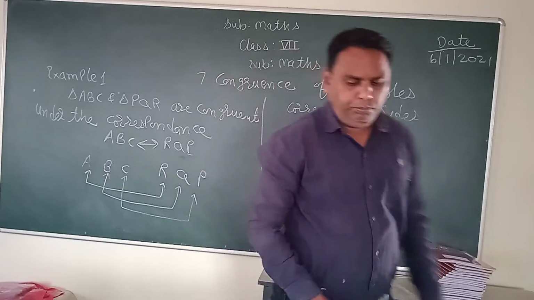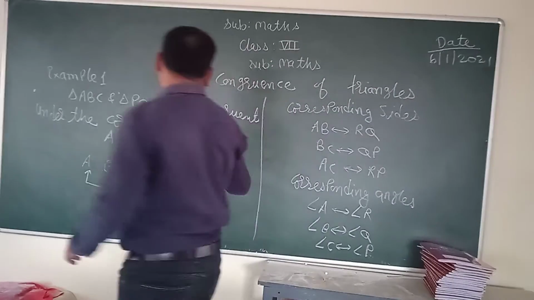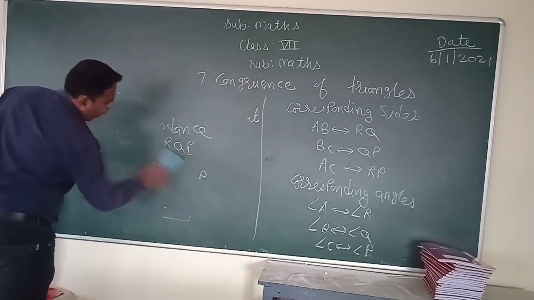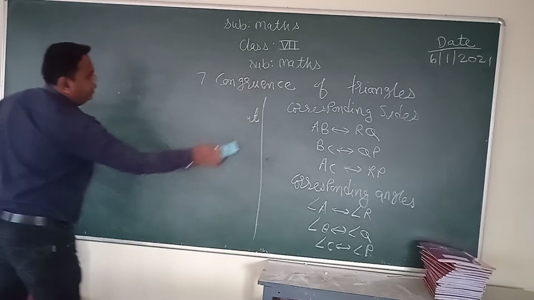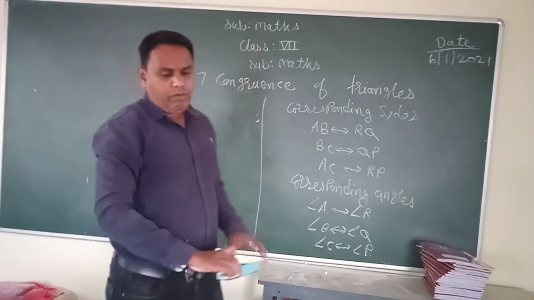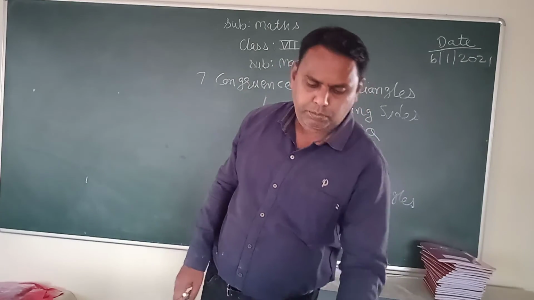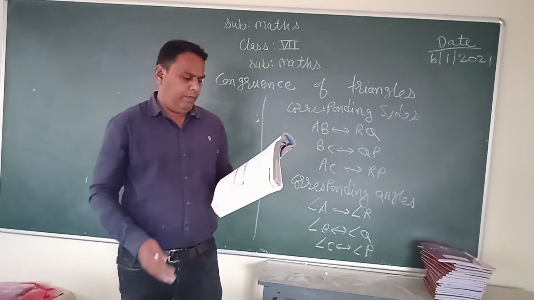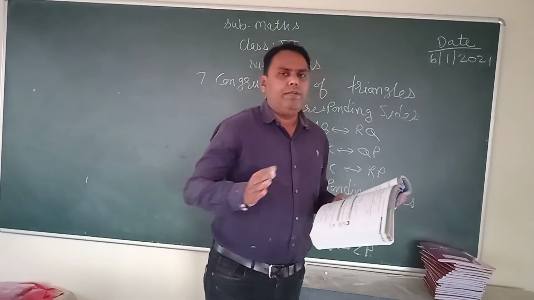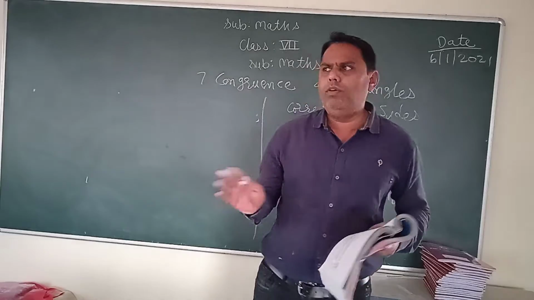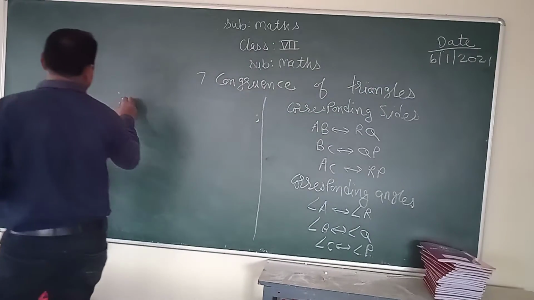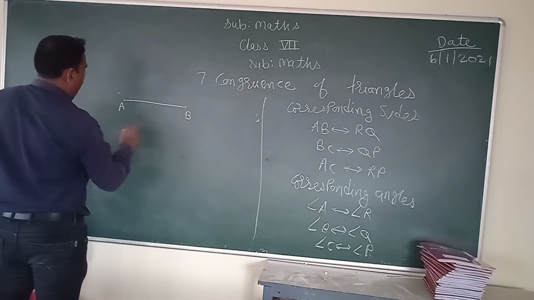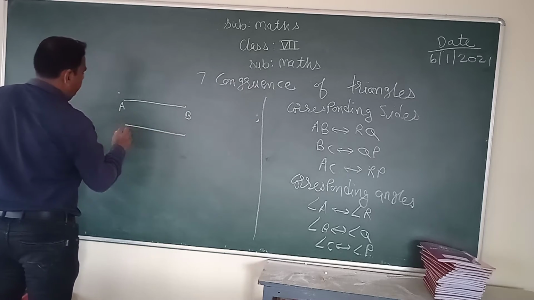Now after that we see the new exercise 7.1. Here the first question is complete the following statements. Two line segments are congruent. कोई भी two line segments अगर congruent होती हैं, suppose this is AB and this is CD.